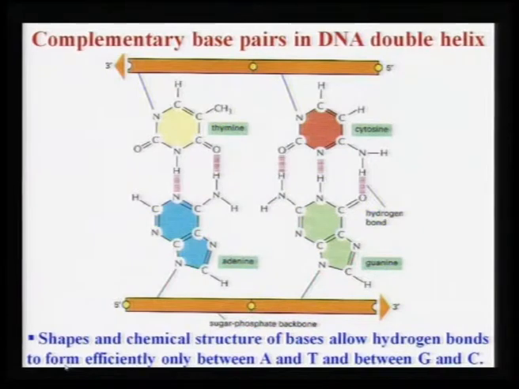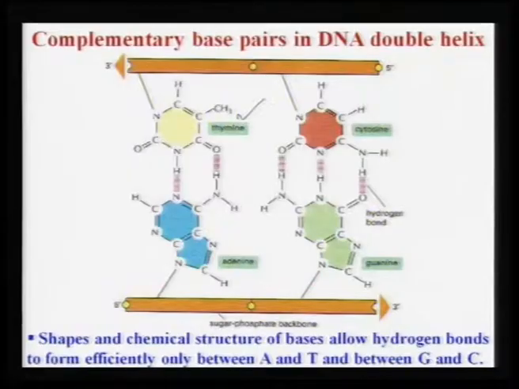Now, all these nucleotide sequences would be difficult for you to remember, but I want to show you the typical organic structure of these bases, A, T, G, C, the base pairs here. So, T is here, thymine.